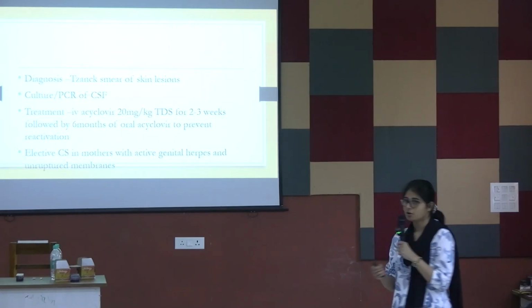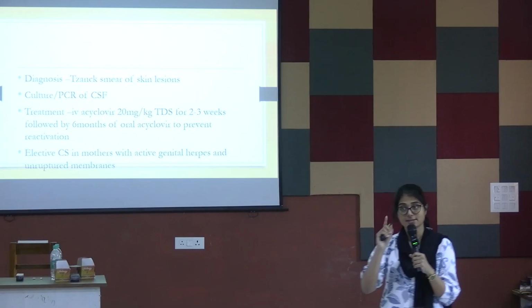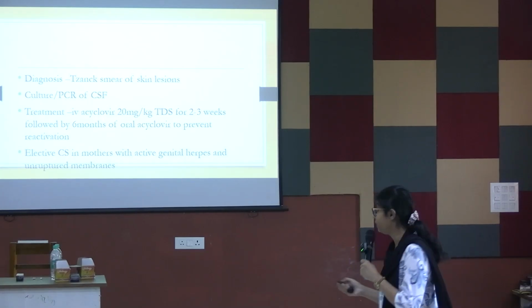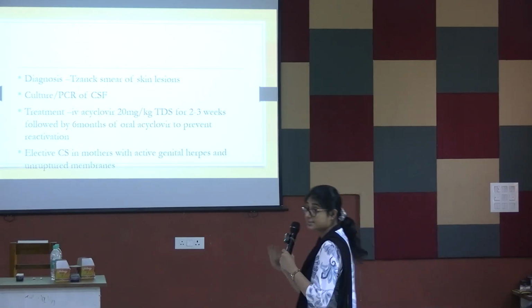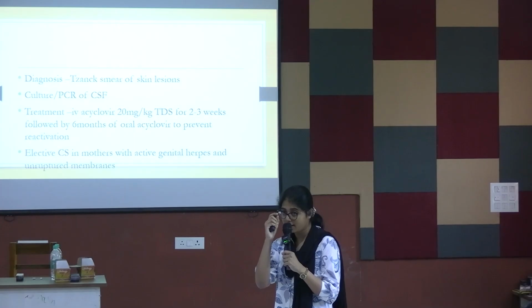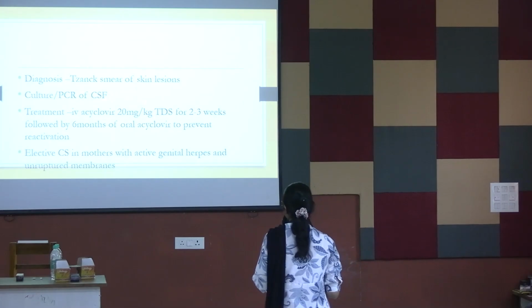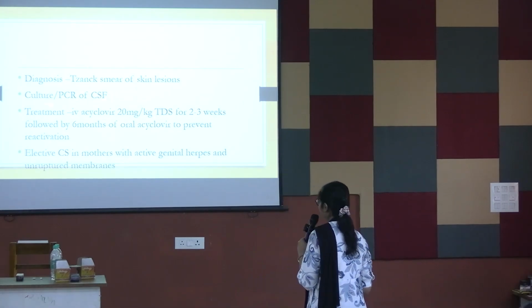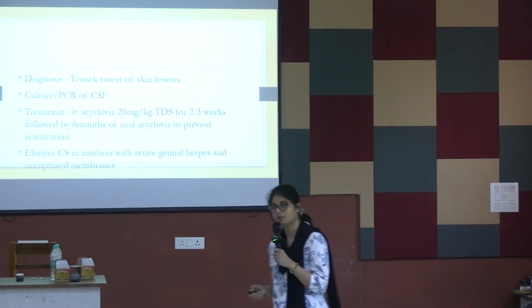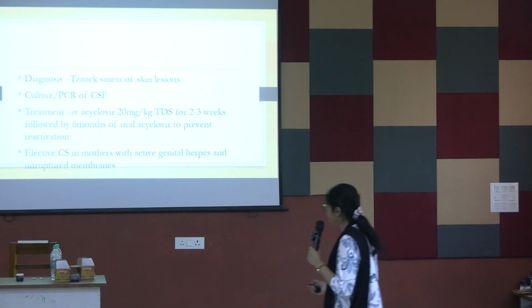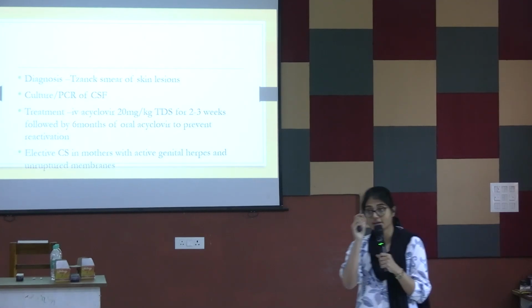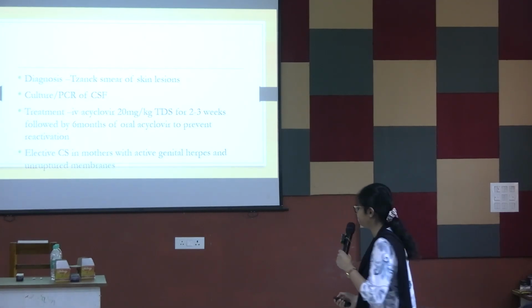How will you diagnose? You have learnt about this in microbiology classes. Which smear? Tzanck smear. A sample is taken from the skin lesion and sent. We use Tzanck smear. Or you can send culture or polymerase chain reaction of cerebrospinal fluid, because PCR will detect the nucleic acid of herpes simplex virus.